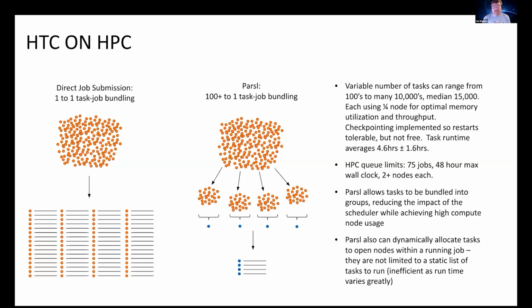What we really want to run is about 4 tasks per node, which gives us the optimal kind of memory and throughput with the number of CPUs versus how SETSUM scales. And that gives us about 4.6 hours per task. And Parsl comes in because it lets us bundle all these tasks into these much larger jobs that we can actually submit to the Slurm queue.